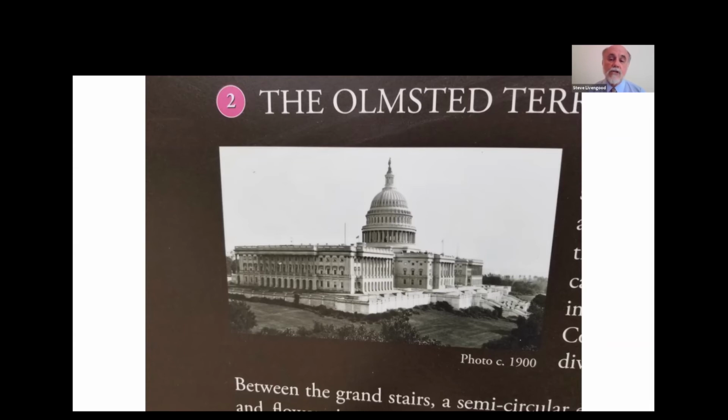So in fact, the mall as we know it now was finally finished in the 1930s, although it was in a different way on L'Enfant's plan from the beginning. That shows you how inspiring L'Enfant's plan was, that it took them more than 100 years to implement it, but it became the basis of the recreation of Washington that took place after 1900.